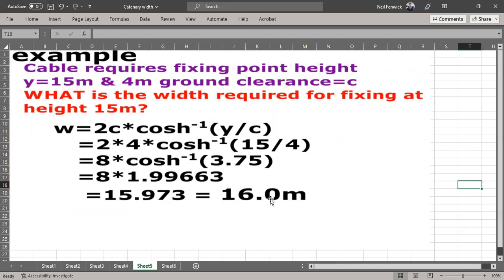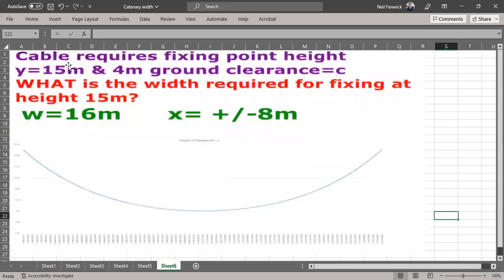Typically in engineering terms we use 3 significant figures, so it rounds off to 16.0 meters width. We can then do the calculations in Excel and plot out the U-shape, where X equals 0 is the reference, and you've got plus and minus 8 either side, giving you the width of 16 meters.